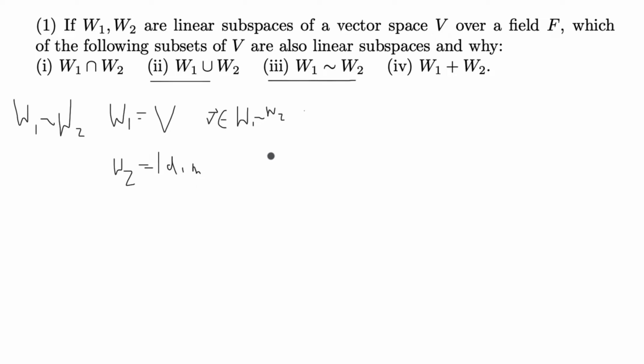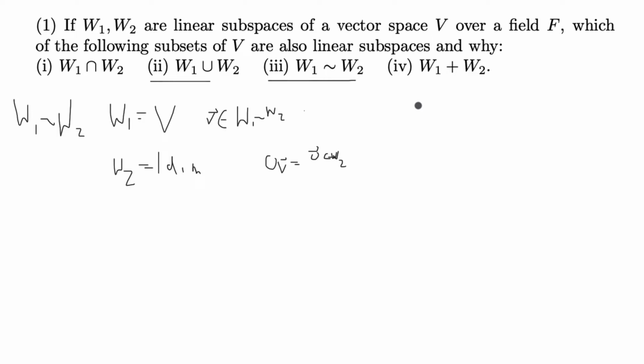This would need to be closed under scalar multiplication, but is not, because 0 times vector V is equal to the zero vector, which is an element of W2, so it's not in the space we care about. Therefore, it's not closed under scalar multiplication, and we're done.